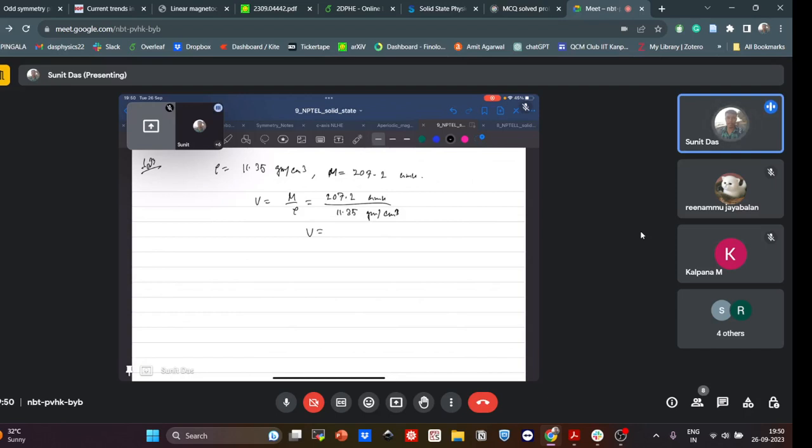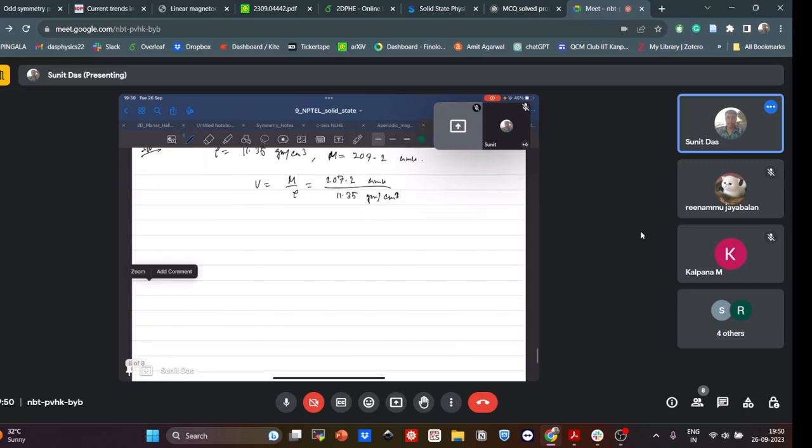Okay, so let's keep it there. Finally, we need the number of atoms. There is Avogadro number, equal to 6.022 into 10 to the power 23 atoms, present in 207.2 AMU of mass, right?